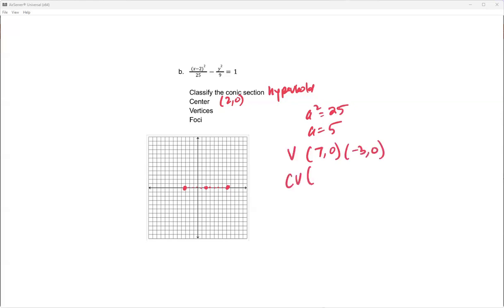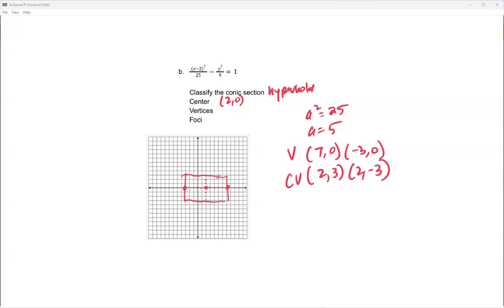Co-vertices are 3 up, 3 down. So 1, 2, 3. 1, 2, 3. You draw that box here. All right, so it is 2, comma, 3, 2, comma, -3. Everybody good there?